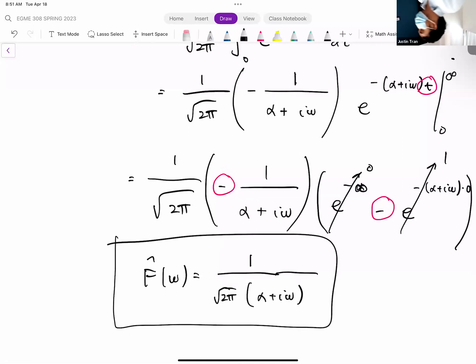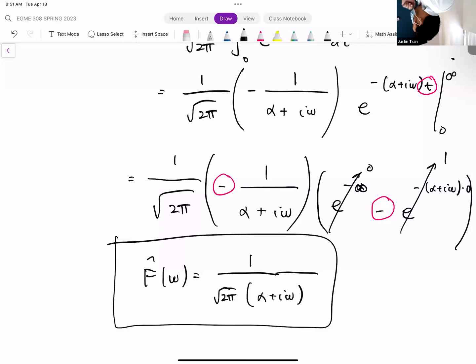All right, any questions on this example here? So again, the complex Fourier transform works great for situations where you have basically neither even nor odd.